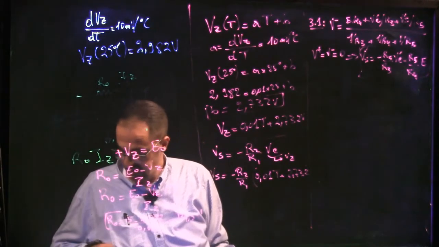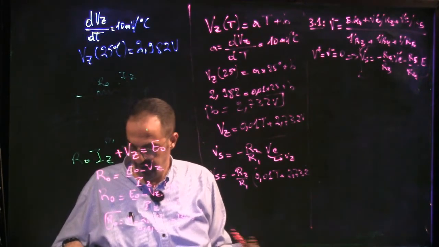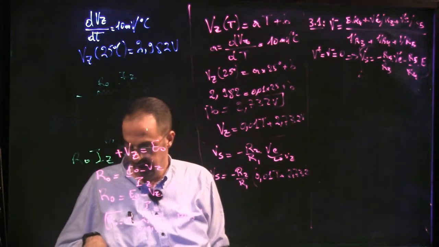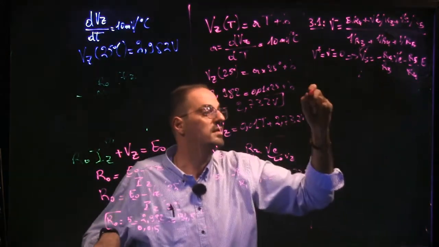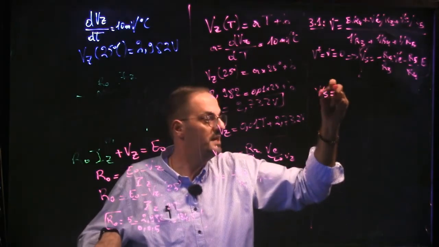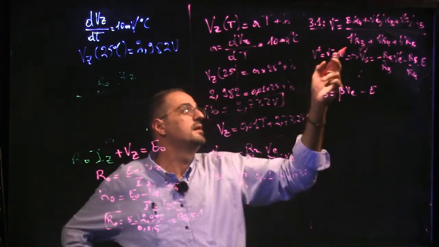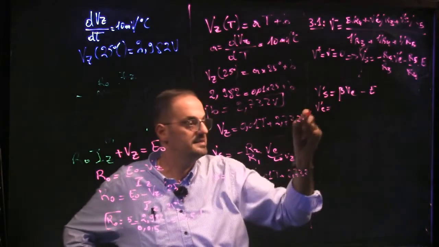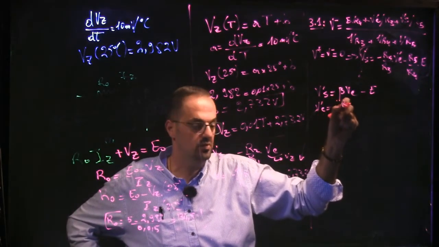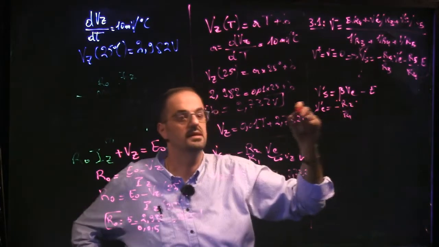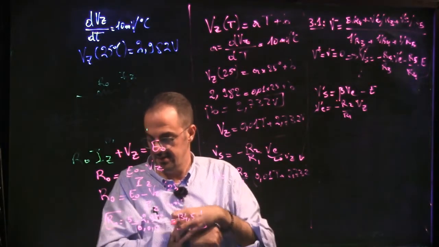The second question, they tell you that the input that was applied to resistor R3 is effectively the output Vs that was calculated previously, and they ask you to find values of R4 and R5 in order to have V prime S is equal to beta VE minus E. So V prime E is equal to Vs that was calculated previously, which is equal to minus R2 over R1 into, let's say we're gonna call it Vz directly, which is VE effectively.